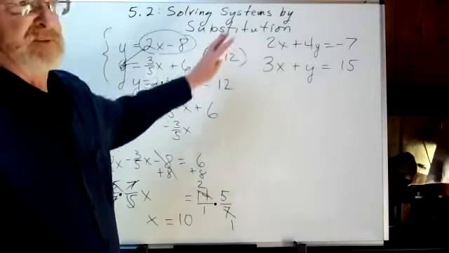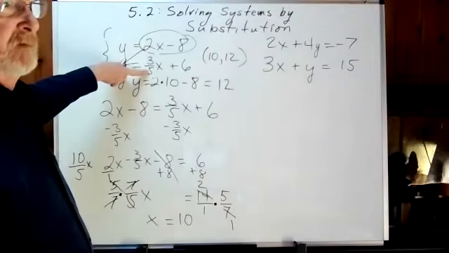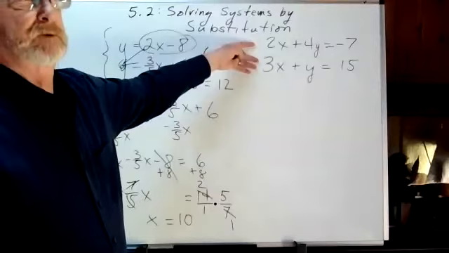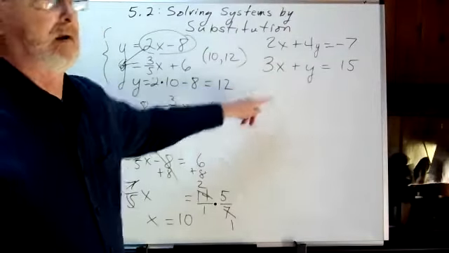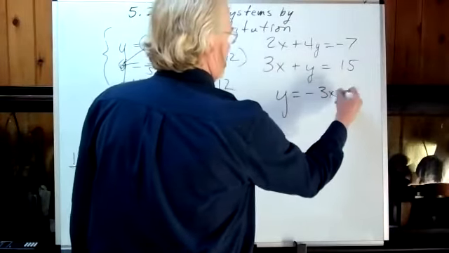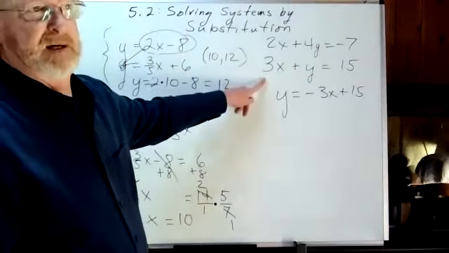This here was one I was just trying to make up to emphasize it doesn't have to be even one of the original two. These might have been the original two equations. Maybe I would choose to solve this one for y by subtracting the x's. But this is just another version of that same equation.